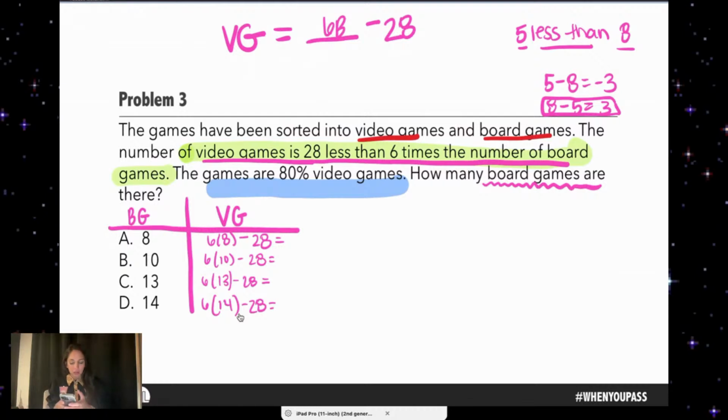I would just use my calculator and figure it out. 6 times 8 minus 28, 20. 6 times 10 minus 28, 32. 6 times 13 minus 28, 50. 6 times 14 minus 28, 56. So that's how many video games there are in each scenario.